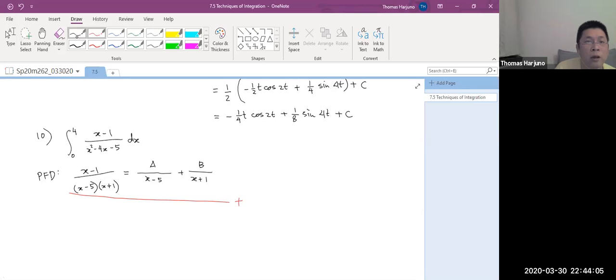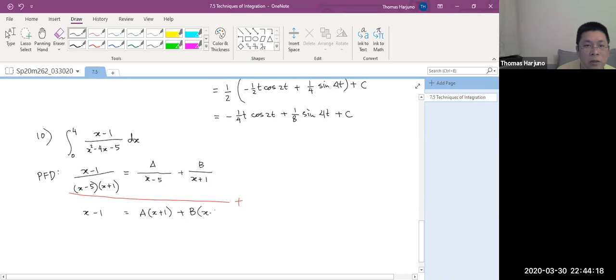I will have on the left hand side x minus 1. On the right hand side, A times (x plus 1) plus B times (x minus 5). I think I will use the special value method.